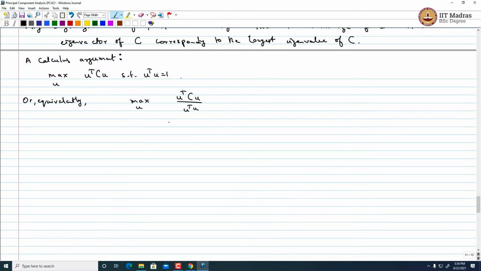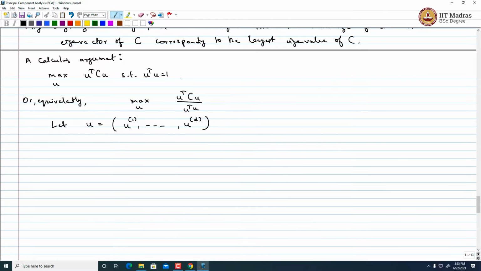Let's maximize this. Now for notation, let any u be a vector with coordinates u1 to ut.